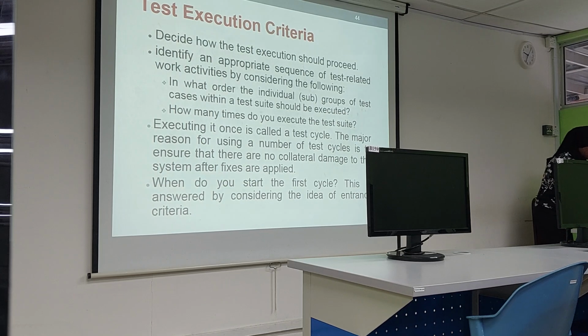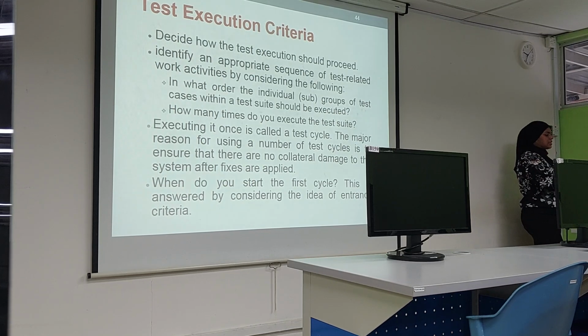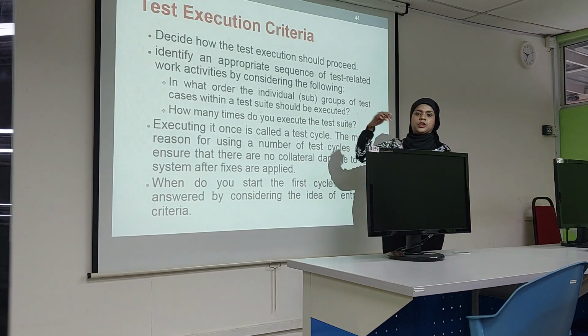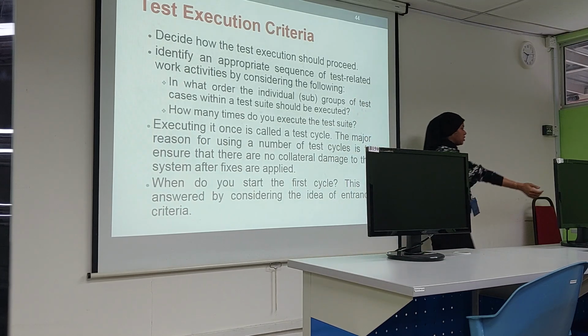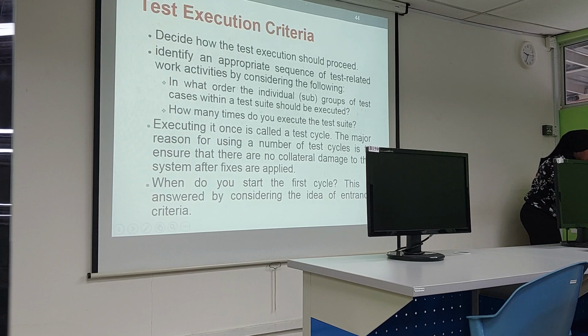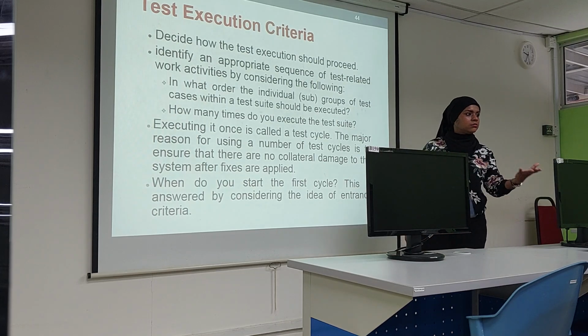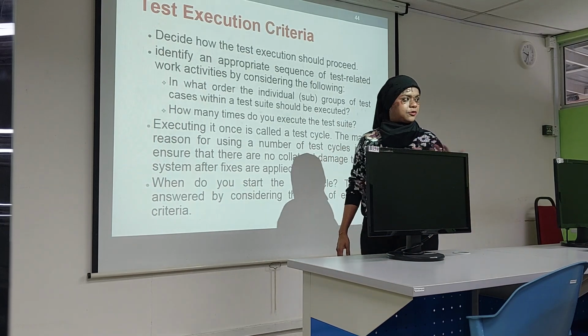We need to decide how the test execution should proceed. Test execution means we are referring to the test case execution. We need to identify an appropriate sequence of the test cases. Normally, we can start with the high critical functionalities first.